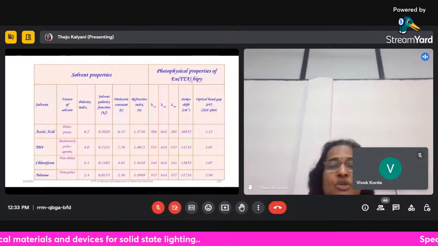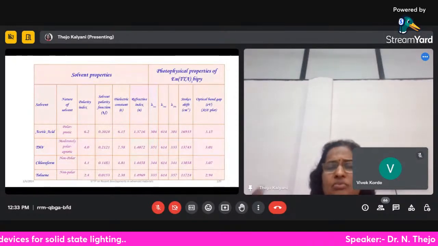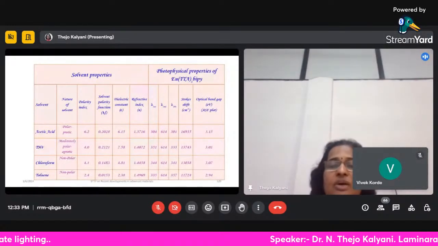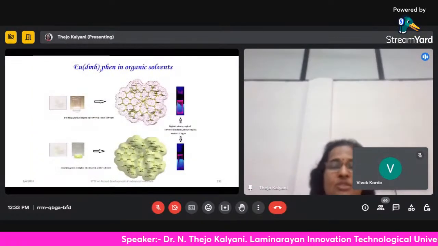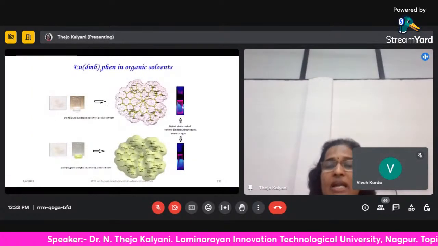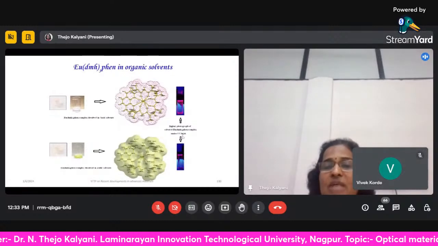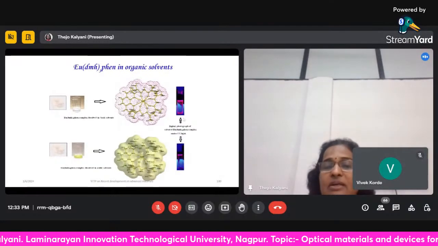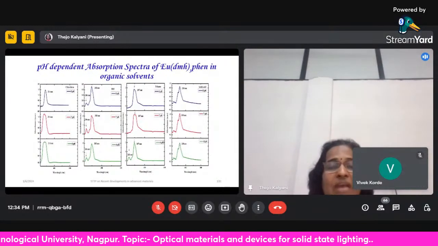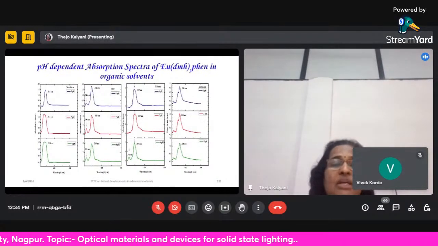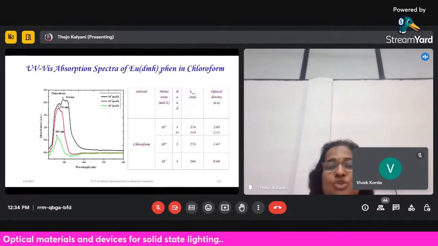So these are the conclusions of the results which you have obtained, and these are the solvents which we have used, and under UV light, this is how we can see that particular liquid. Now for the other complex, we have carried out the same thing, and here also we have found that chloroform is the best option.